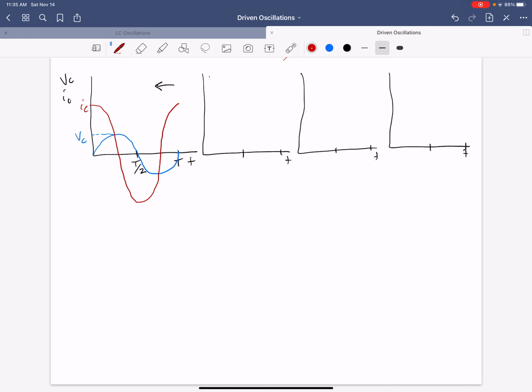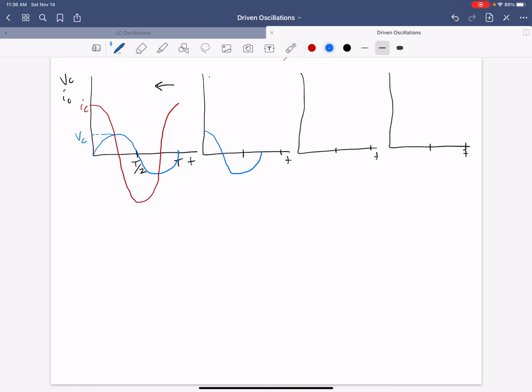Now I drew 3 more graphs because I want to show you the entire progression. So now let's graph the next 3 for voltage. Right? So if they're moving to the left, that means this maxima right here will be maximum on the vertical axis. So let's try and keep the same amplitude. That means it'll cross X at right there, down to a minimum.